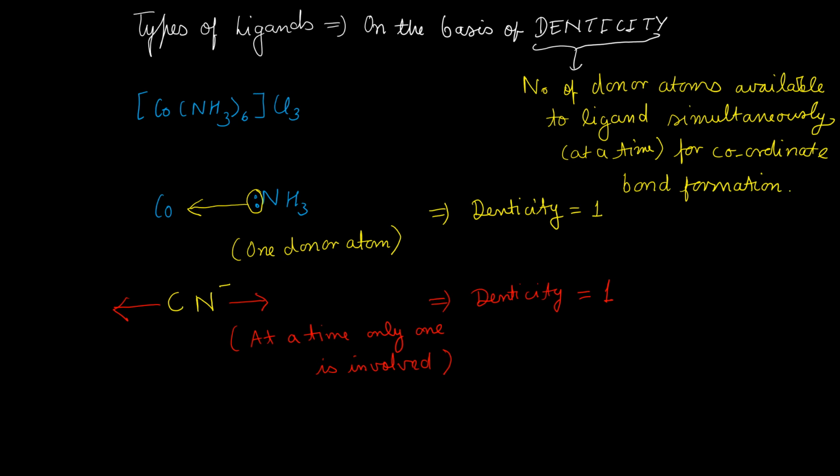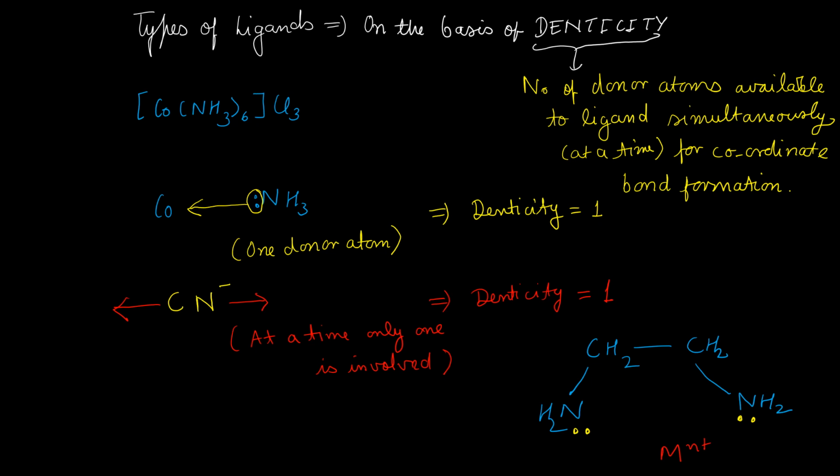Now one more example we will see, ethane 1,2-diamine. Now in ethane 1,2-diamine, ethane, so 2 carbon atoms will be there. Diamine means 2 amino groups will be there, NH2 and NH2. Now one lone pair of electron is present on this nitrogen, and one electron pair will also be present on this nitrogen. Now if this is the central atom, Mn+, now what will happen?